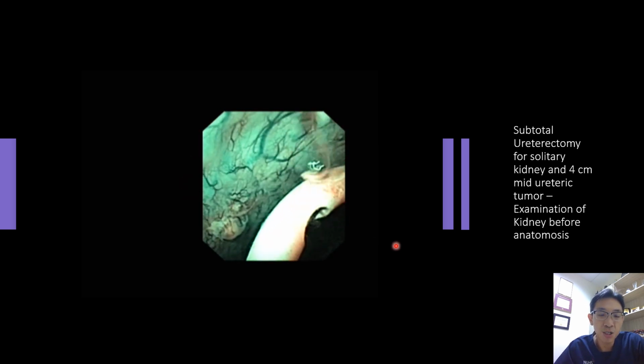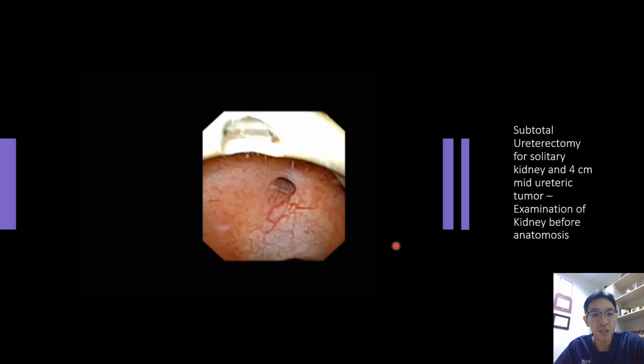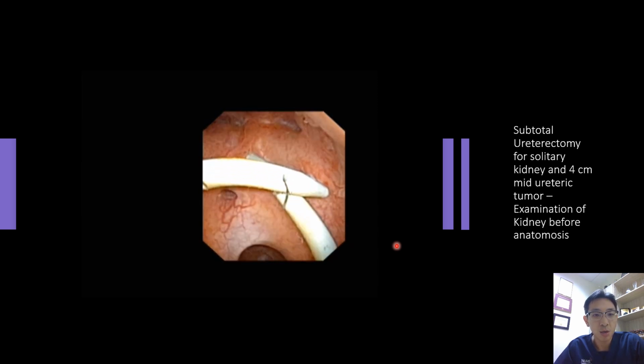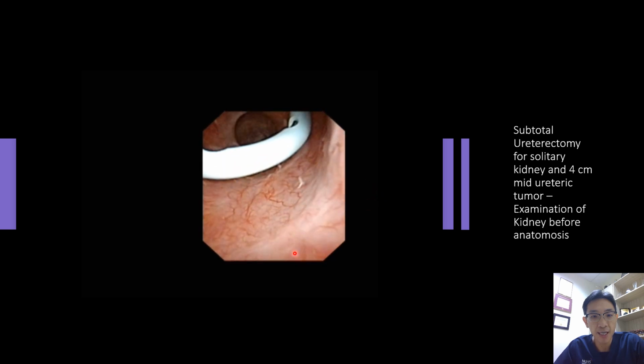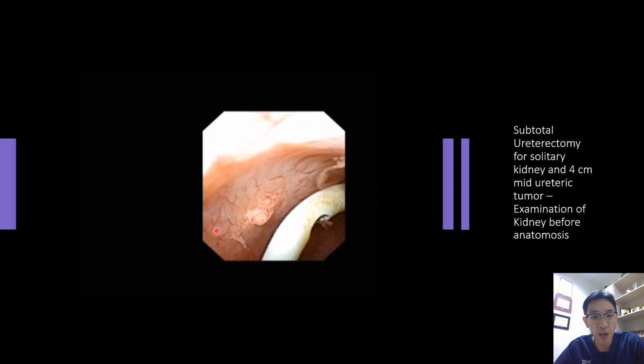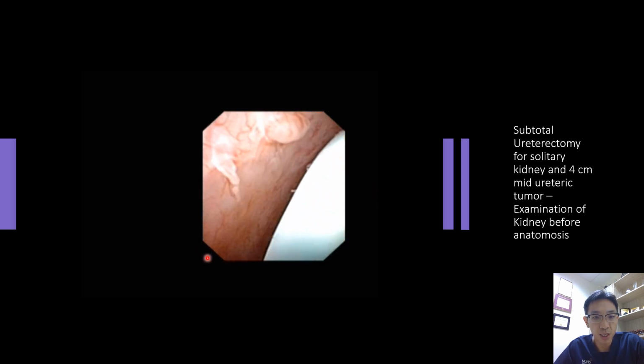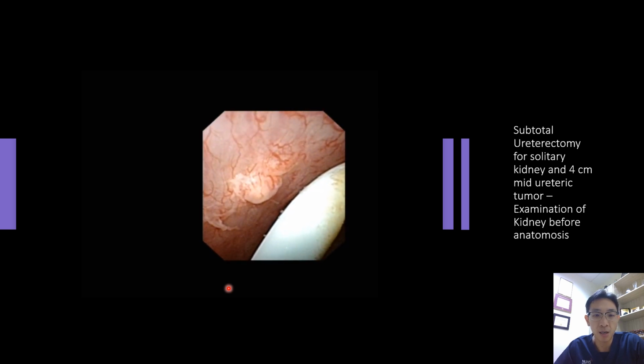You see a lesion in the pelvis, which I was not sure whether it was in association with inflammation with the PCN, percutaneous nephrostomy, but on NBI, it clearly shows it is likely to be a neoplasm.